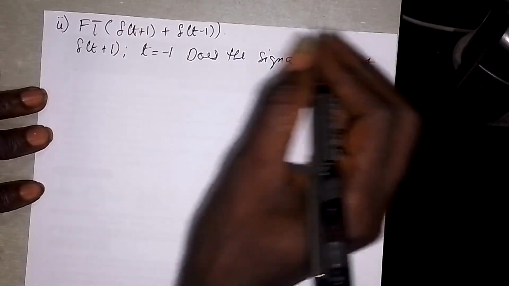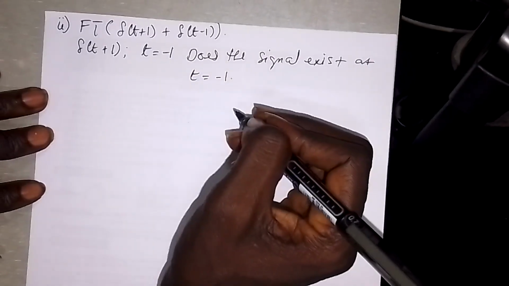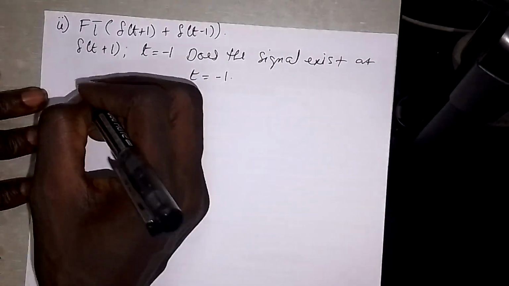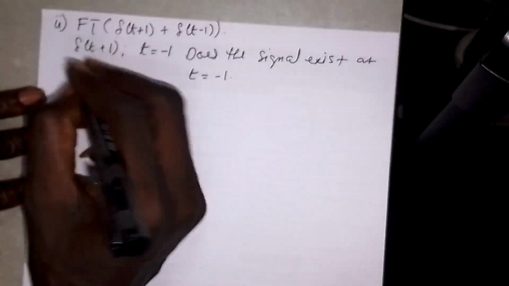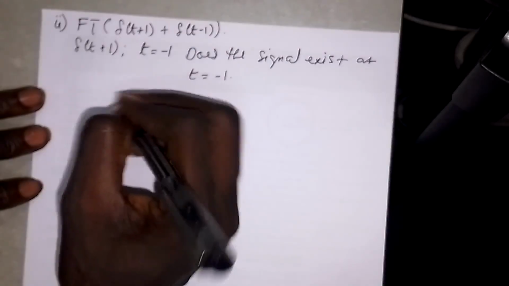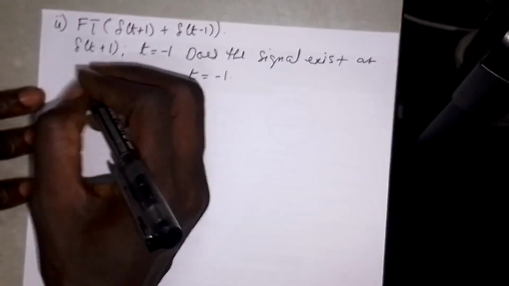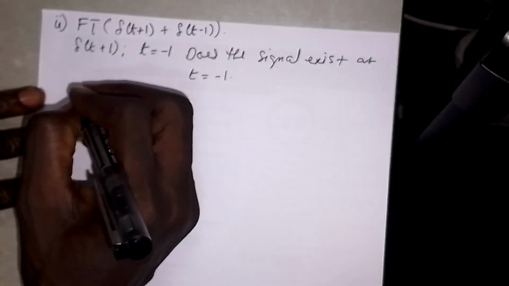Thus the signal exists at t equals minus 1. This is an impulse signal, and it exists at minus 1.